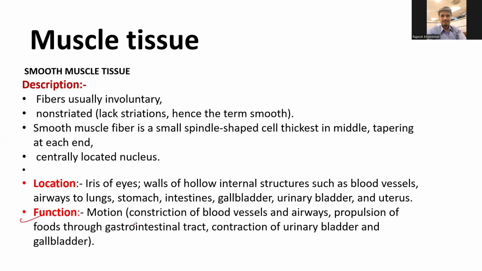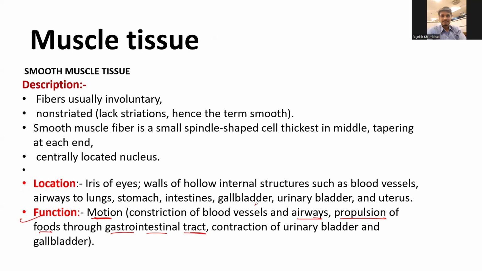Then function. Again, muscles are meant for movement. So they help in motion, like constriction of the blood vessels and airways, and propulsion of food through the gastrointestinal tract. When you eat food, it automatically goes downward.